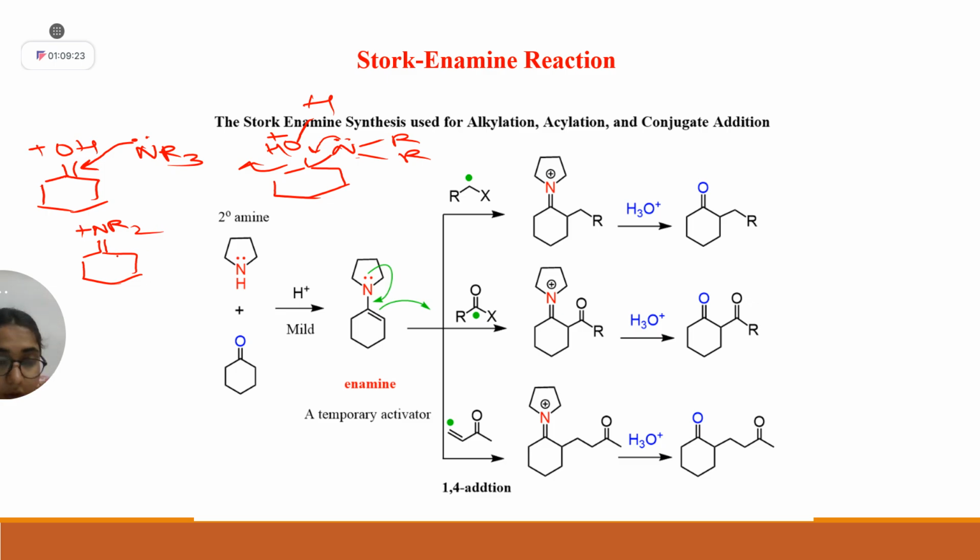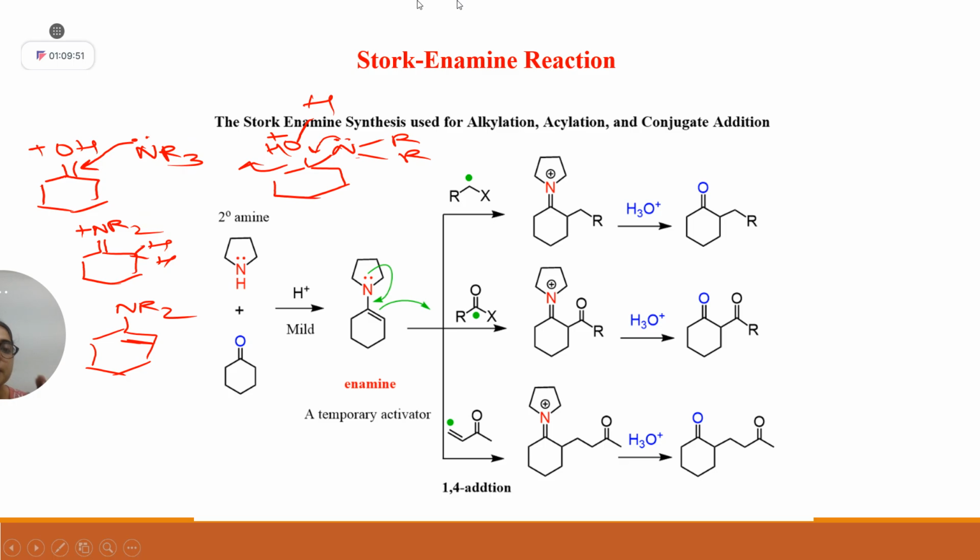Now still base is there in your reaction medium. As we used to form enol or enolate, here we have to form enamine. Base will abstract the proton, negative, positive, double bond, and it will be your NR2. Clear how we have formed this enamine from ketone and secondary amine in presence of acid?